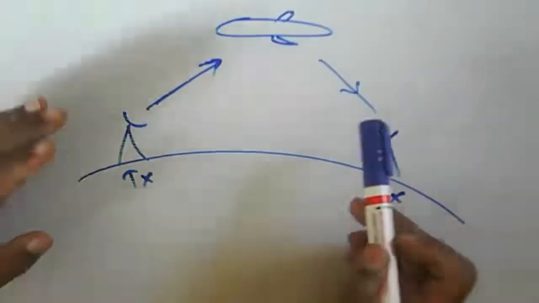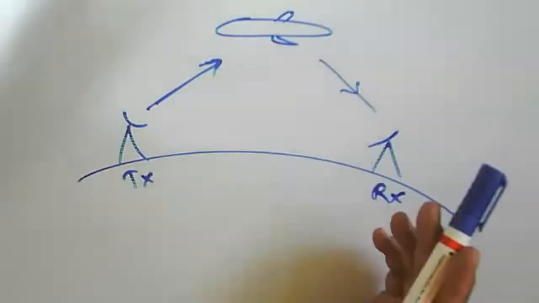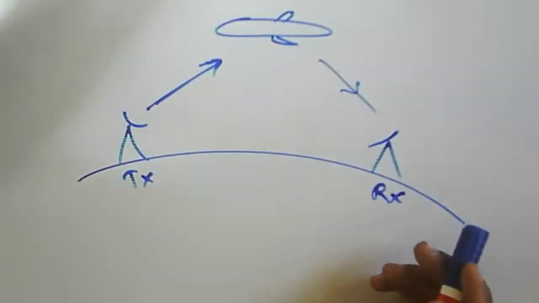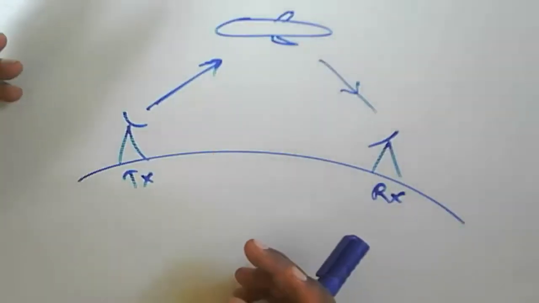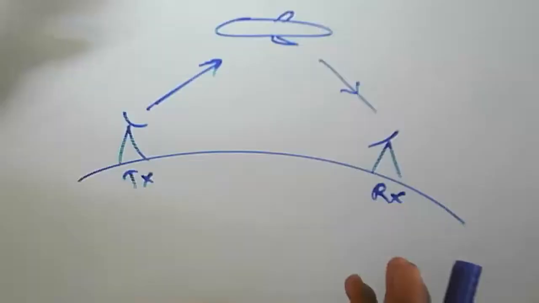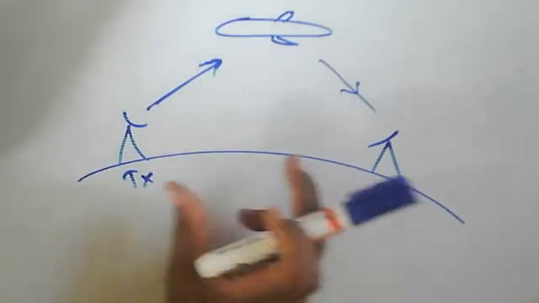Okay, but it's not necessary for the transmitter and receiver to be separated too far. It can be within a 1 kilometer range. It's not 100 kilometers, 400 kilometers. No. Within a 1 kilometer range, or these devices, the transmitter and receiver, can be nearby also.